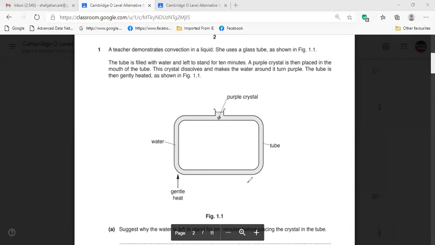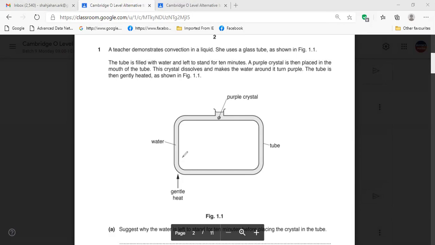Like from here it goes up, right? The hot water rises up. Less dense molecules rise up, and more dense molecules sink down this way. So the convection current starts from here.